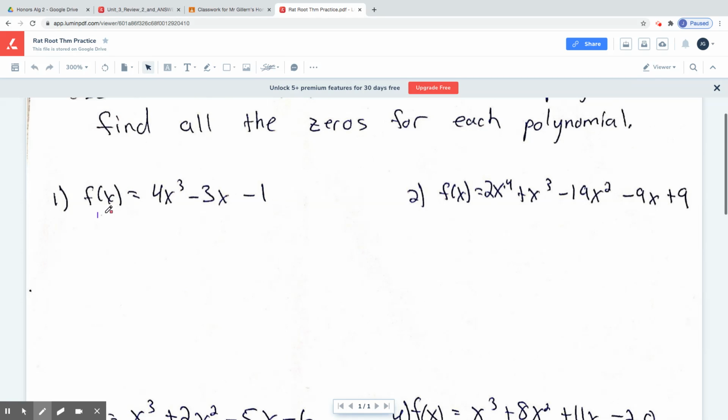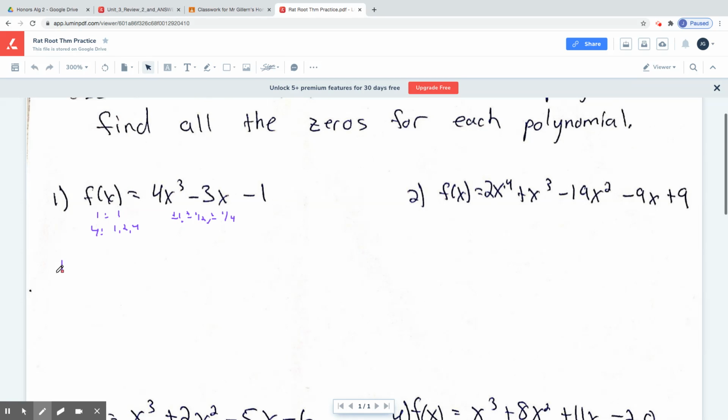So I have 1 and I have 4. List all the factors: 1, and 1, 2, 4. So your only possible rational zeros are plus or minus 1, plus or minus 1/2, and plus or minus 1/4. So I always would start with 1, -1.